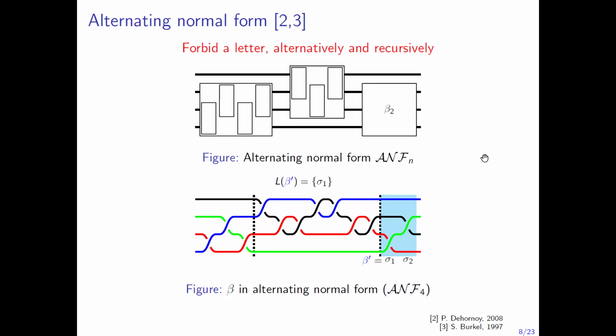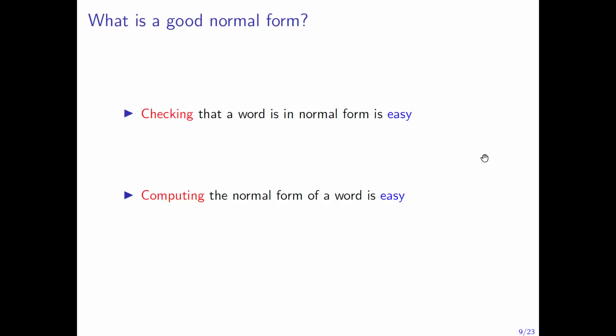Okay. One thing to note here is that the left of beta is computable, or else it would be kind of annoying. We can compute the left pretty easily by reading the word from right to left. So that's okay. I've said that, but I've not said what makes a good normal form. So we're going to discuss that.